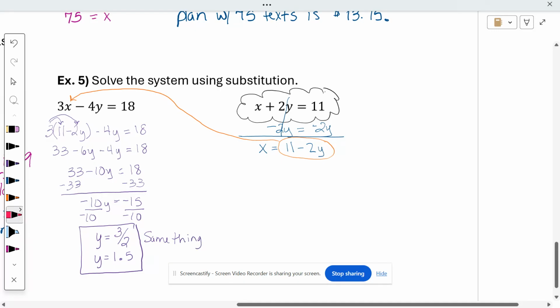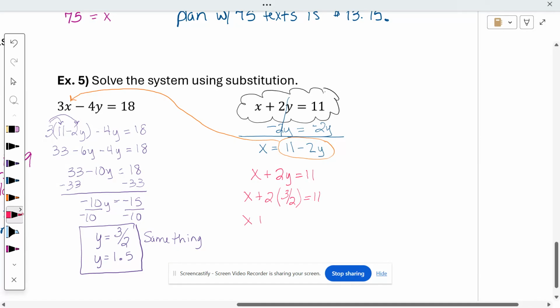So now I'm going to take the value of y equals 3 halves, and I'm going to plug that into the second equation. So I'm substituting in the value of 3 halves for y. So x plus 2 times 3 halves equals 11.